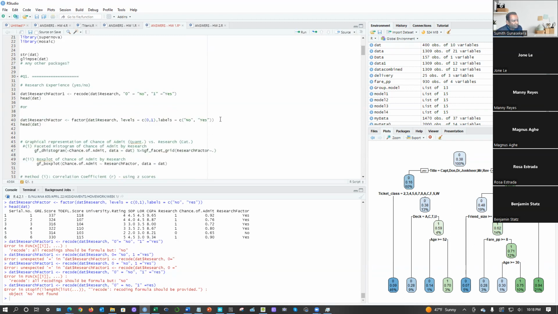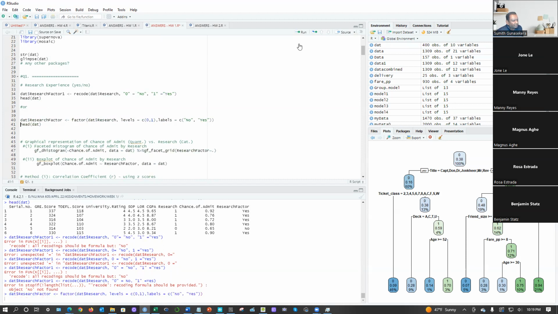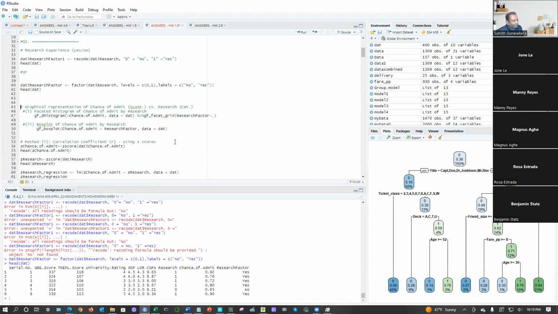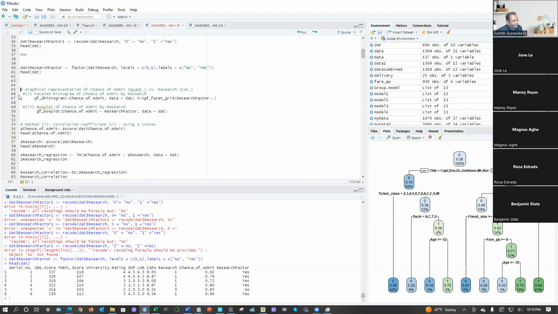But anyhow, 0, 1. Let's go with the factor, this one. See, yes or no. There you can draw the graph, chance of admit versus this, the faceted graph, the histogram.